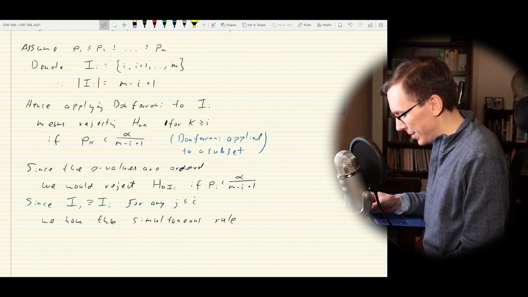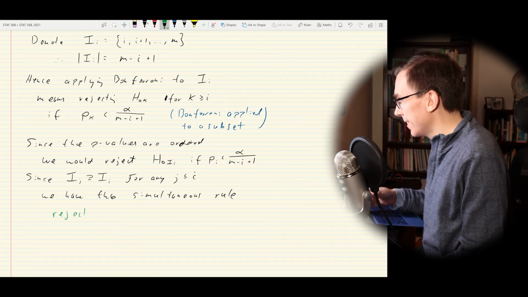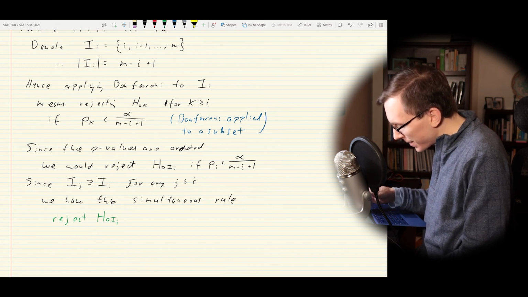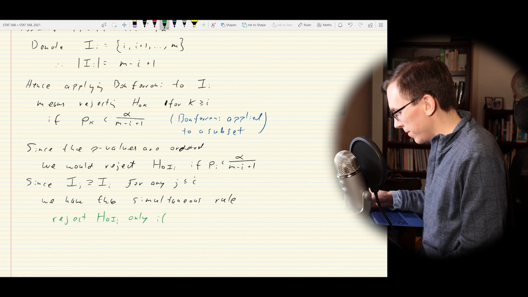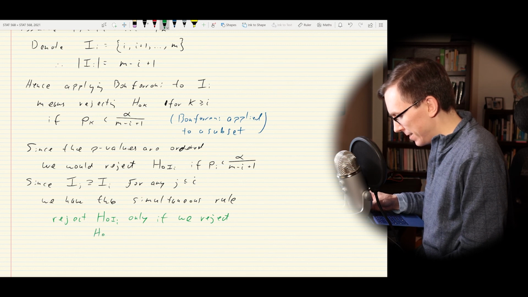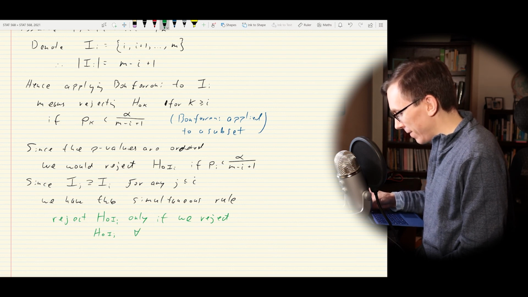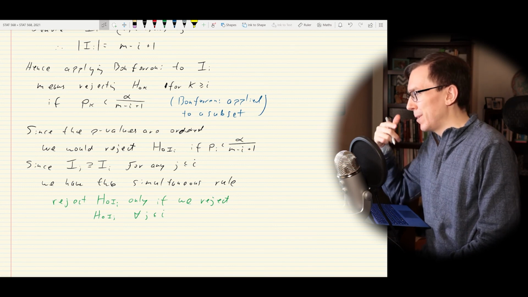The simultaneous rule, which I'll write in green, is: reject H naught I sub I only if we reject H naught I sub j, for all j less than or equal to I. So this is that idea of a simultaneous rule.